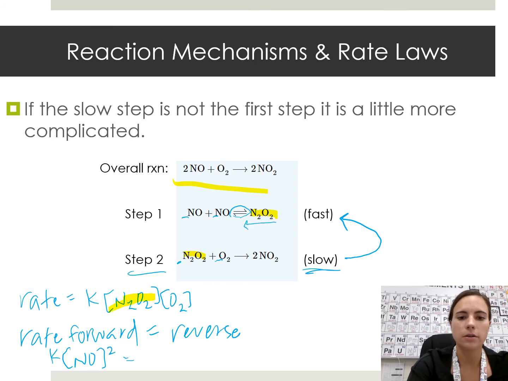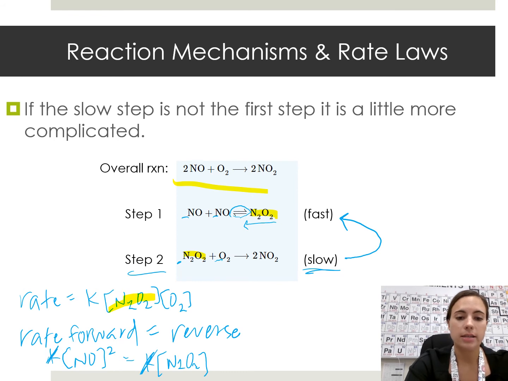Well, the reverse would be k times N2O2. Now, I'm trying to get rid of N2O2. I need to substitute for it. So I'm going to solve this for N2O2. Well, the k rate constant for the forward and reverse are the same, so these are going to cancel out.